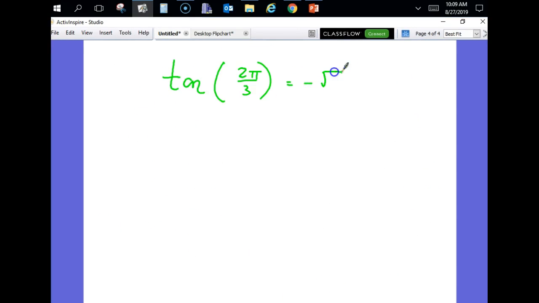So let me throw one at you guys now. How about give me tangent of 3 pi over 2? Go for it. I'm going to call on you in just a second. Look at what you wrote. You have it? How did you get negative radicals? So it's tangent, right?